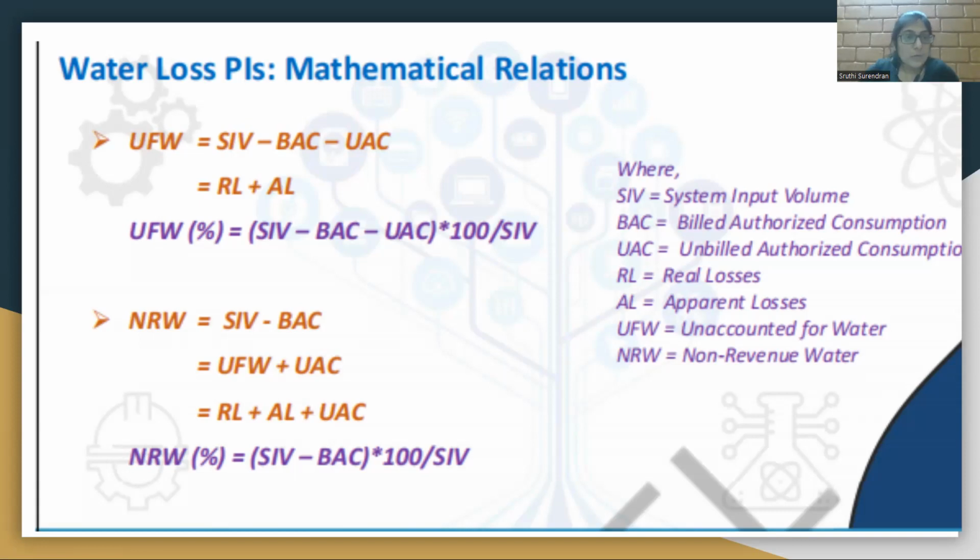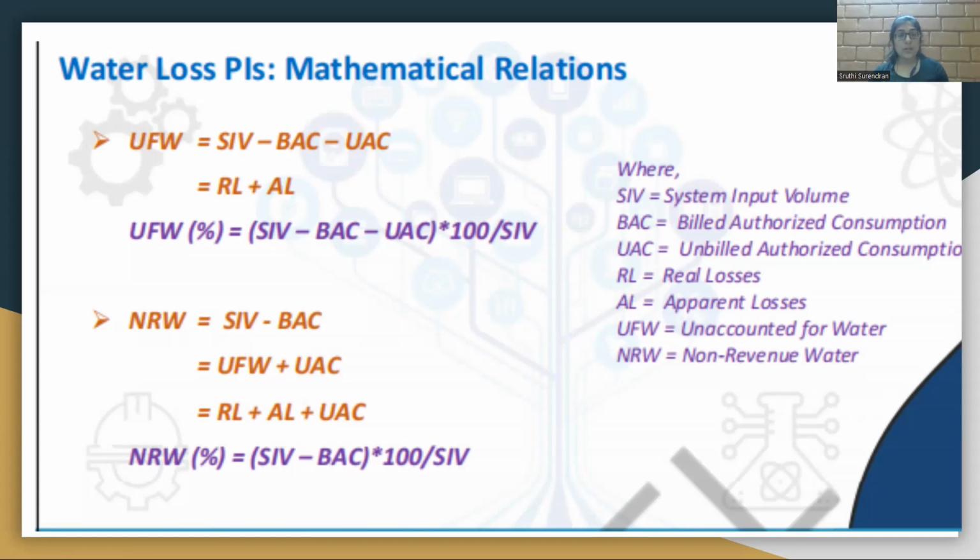So unaccounted for water is nothing but the sum of the two losses, which is also the total system input volume minus the authorized consumption, which is billed authorized plus unbilled authorized consumption. When you subtract that from the system input volume, you will get the unaccounted for water, and the percentage by dividing it by the system input volume into 100.